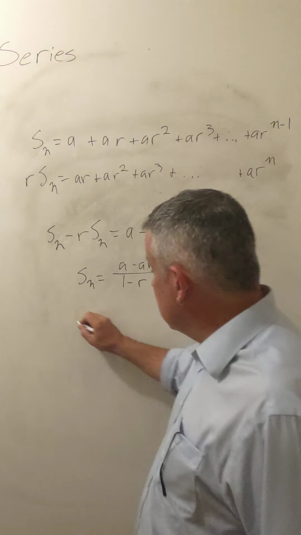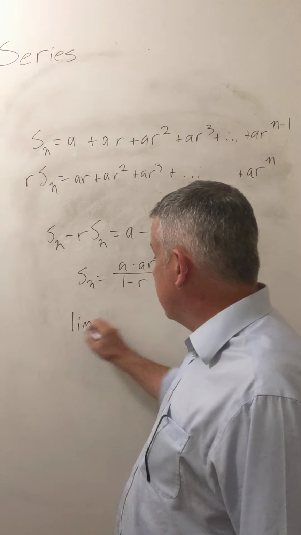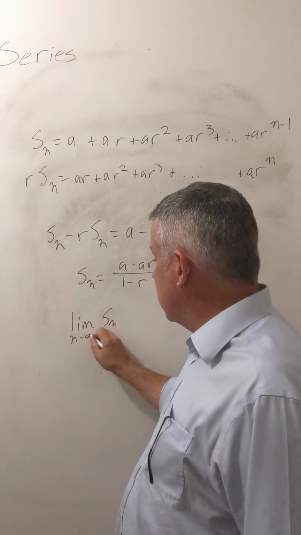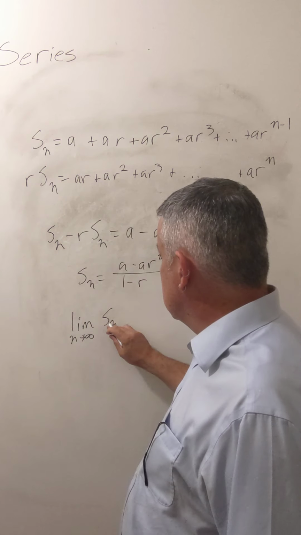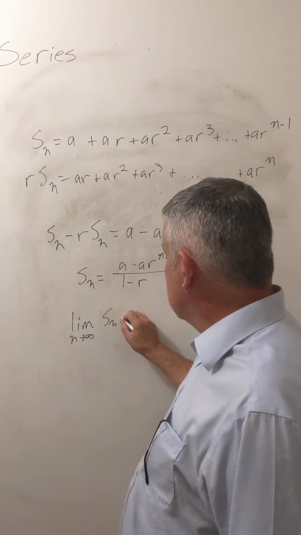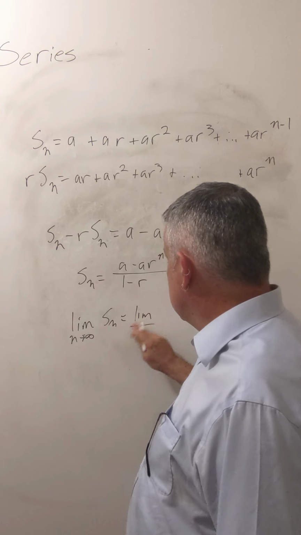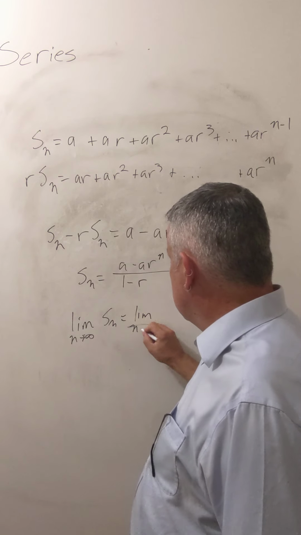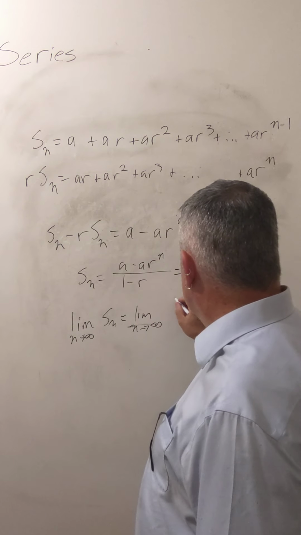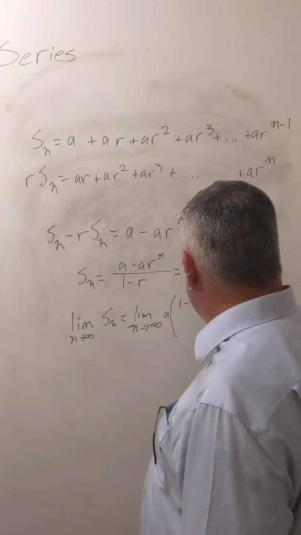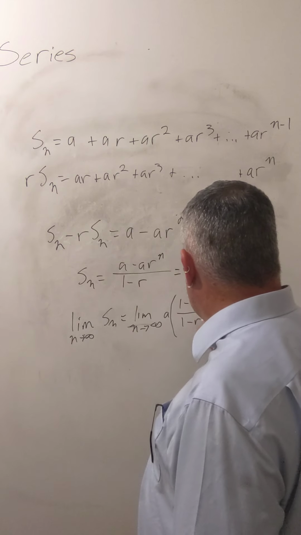What's the limit of Sn as n goes to infinity? That's the question. Well, the limit of Sn is just going to be the limit as n goes to infinity of a times 1 minus r to the n over 1 minus r.